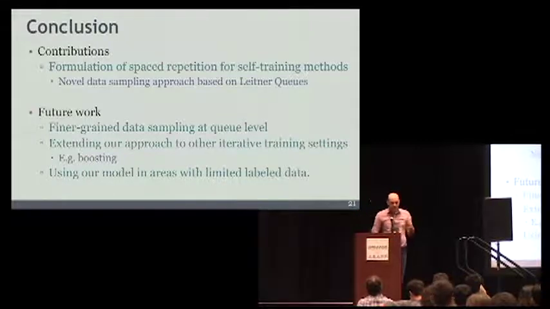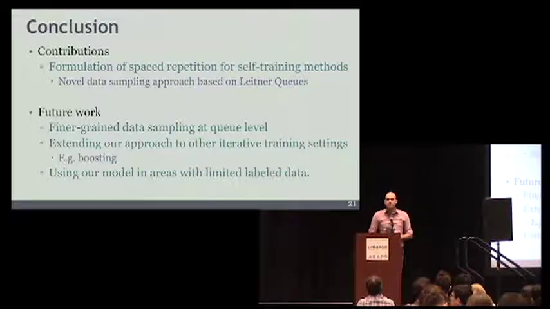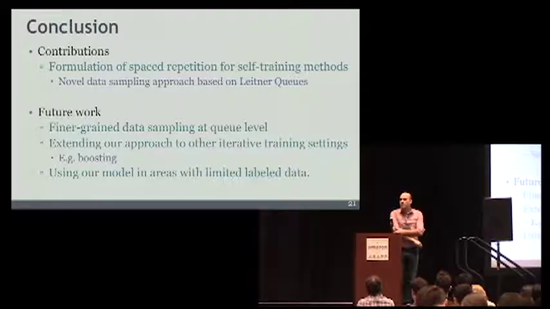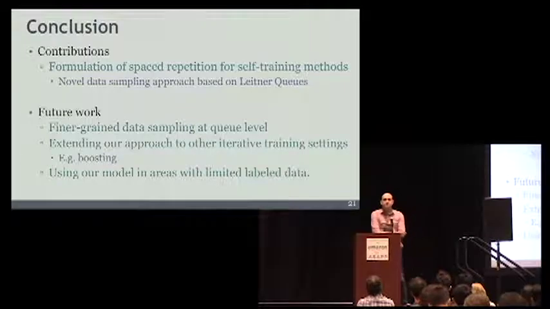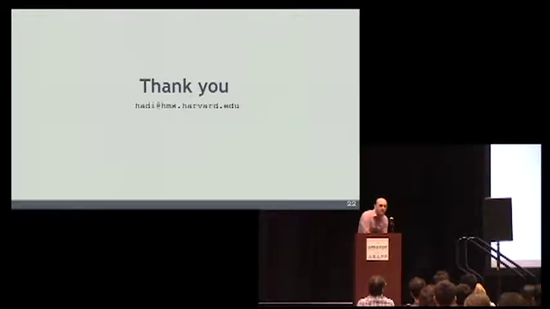Also, we used a neural model for the Leitner-based self-training, and we're wondering if we can use other iterative training approaches, such as boosting techniques, to obtain some improvements using those algorithms. And obviously, we can apply this technique to other areas where we have a limited amount of data available. Thank you very much, everyone.